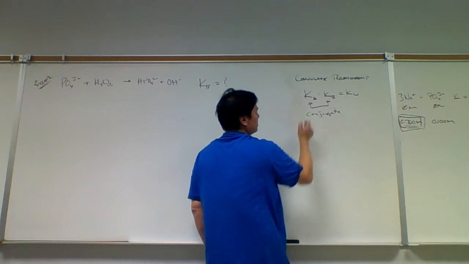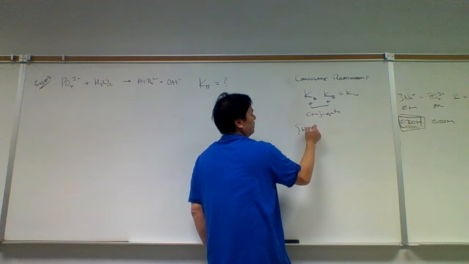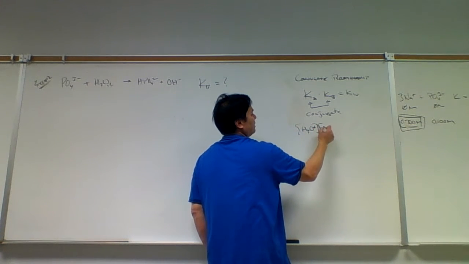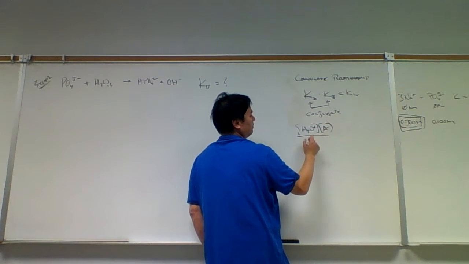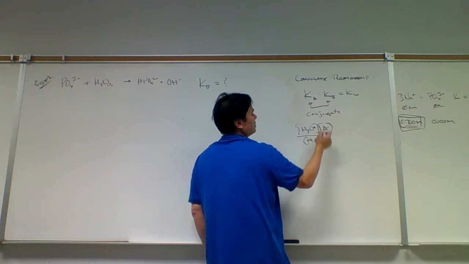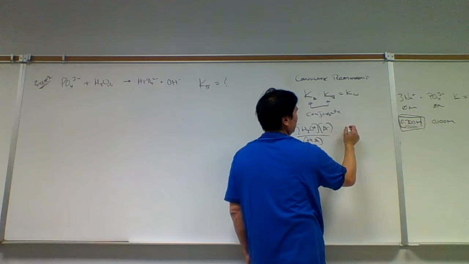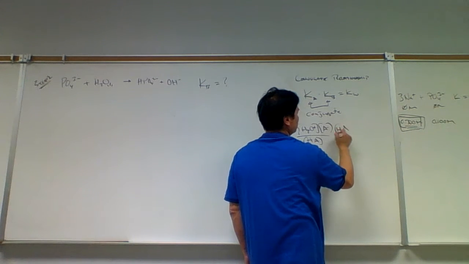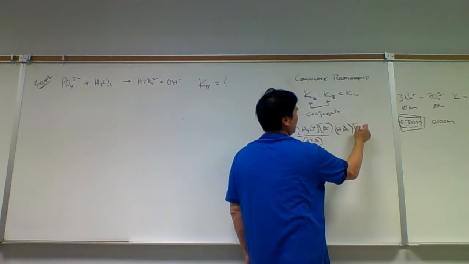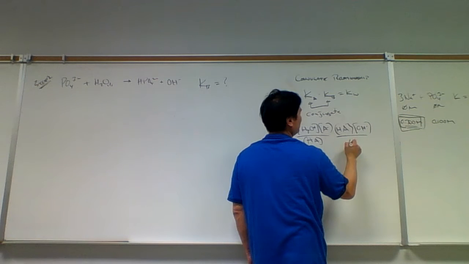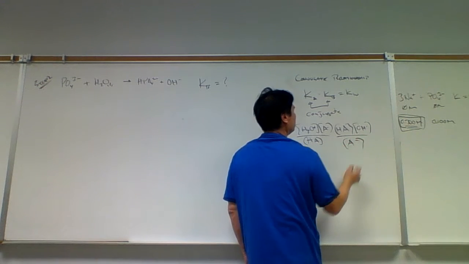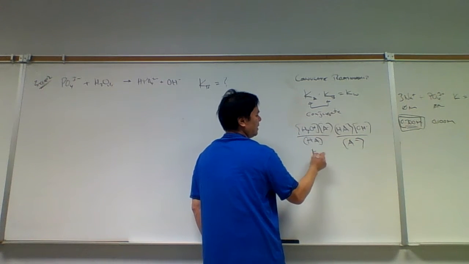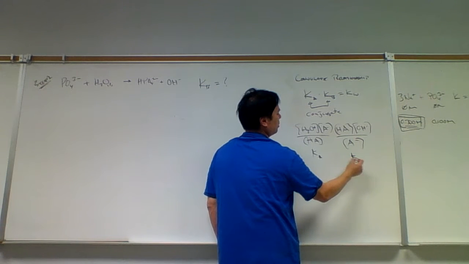And the way this works is, Ka is going to have hydronium times A minus, this equation we had earlier, divided by the HA concentration. Kb is going to be the HA concentration times the hydroxide ion concentration divided by the A minus concentration. And so this is my Ka and this is my Kb generic form.